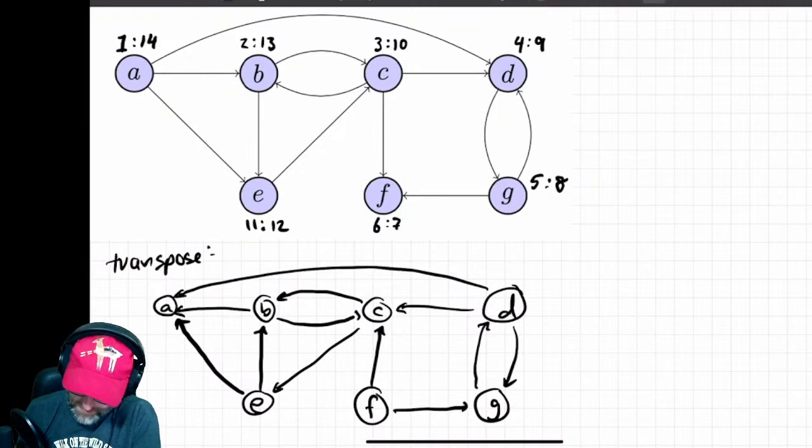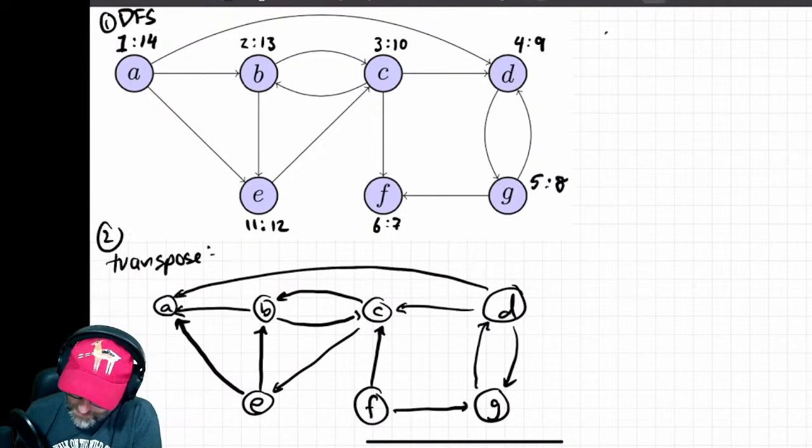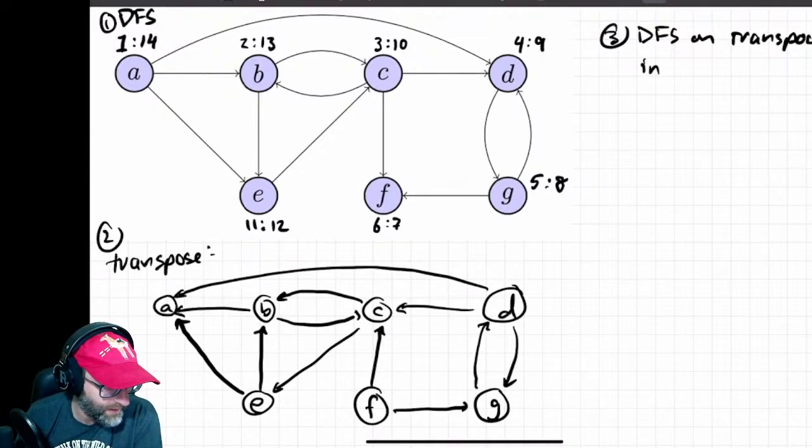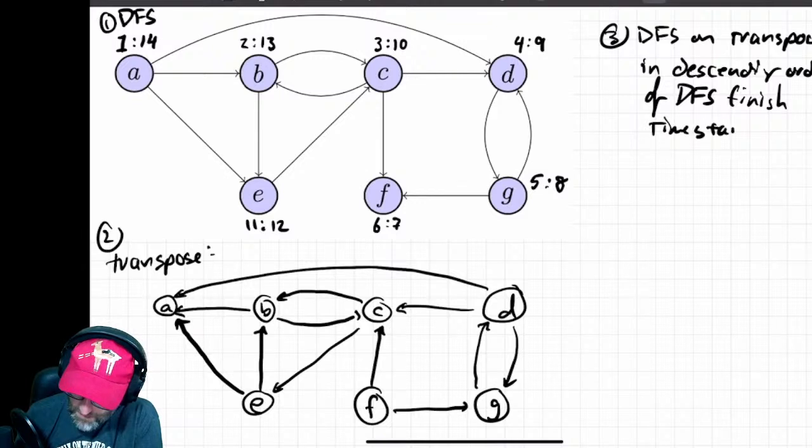So, step 1, DFS. Step 2, compute the transpose graph. Step 3, perform a DFS on the transpose graph, in descending order of DFS finish timestamps from step 1.